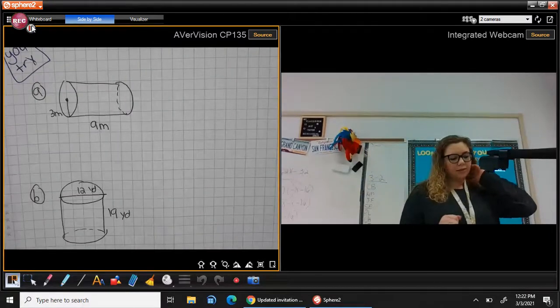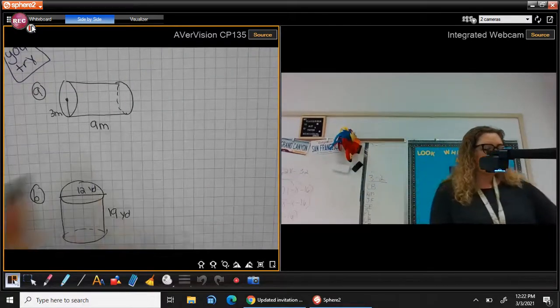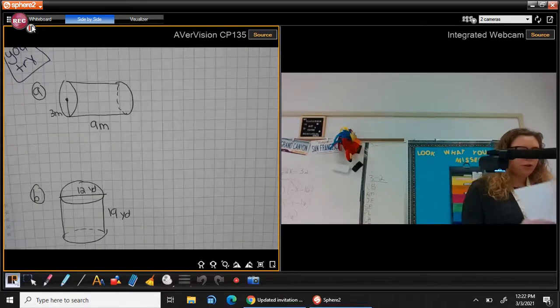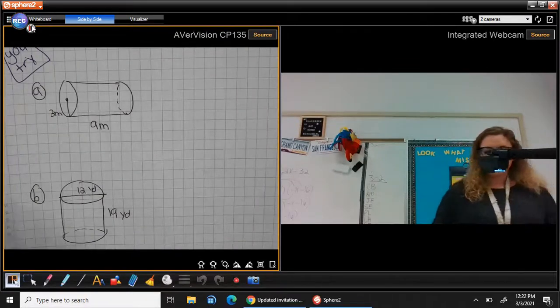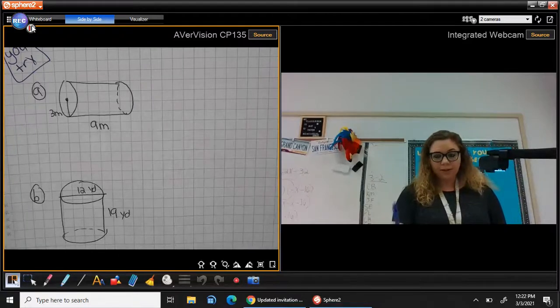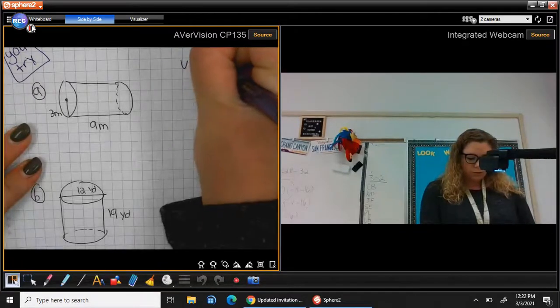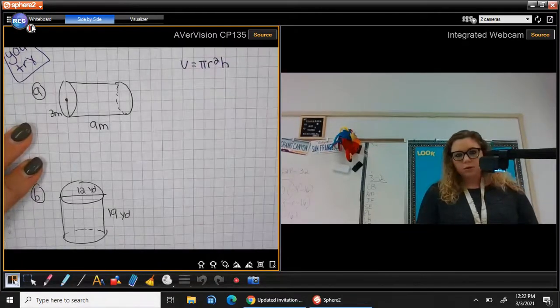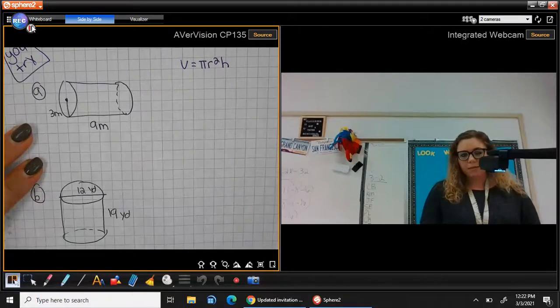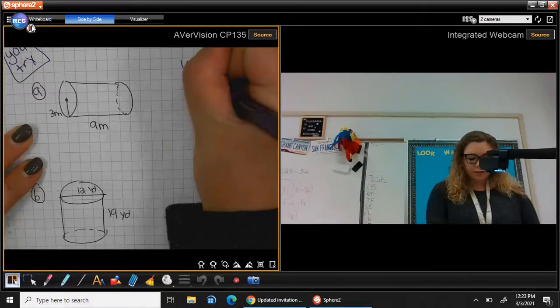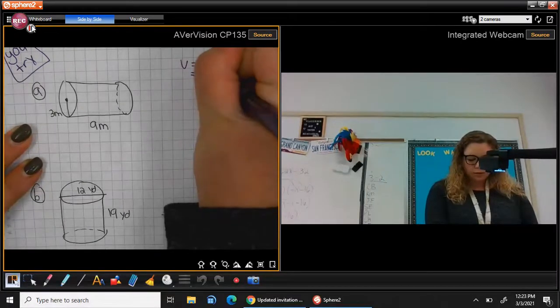Let's go over the answers. Okay, find the volume of this cylinder. So we're going to use the volume formula because that's what we're trying to find. So I'm going to plug in my values. My radius is 3.